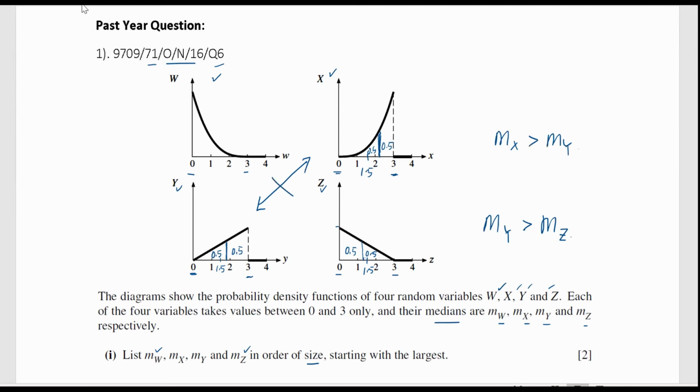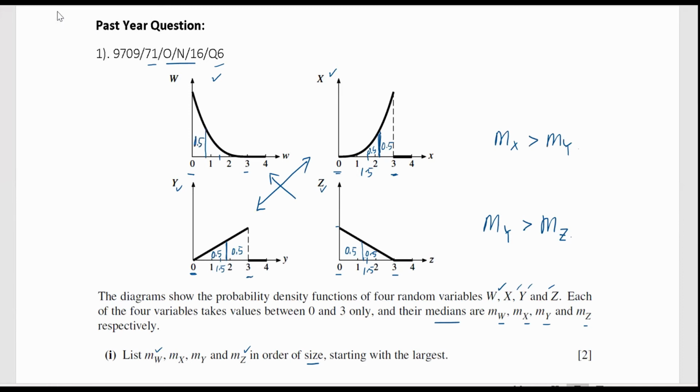Then for the same comparison, the w and z are similar types of graph, okay? But then the curve will be shifted towards the left even further for the median, so this one has to shift further to the left, somewhere here, so that the area will be equal to 0.5 for each half.